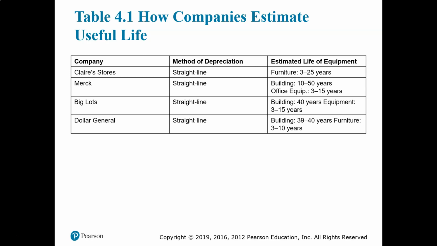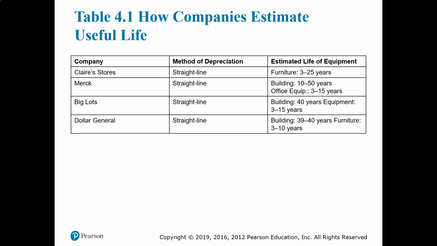So furniture, generally the estimated useful life for furniture is 3 to 25 years. Building 10 to 50, office equipment 3 to 15. For a building it would be maybe 40 years, and for equipment, maybe 3 to 15 years.